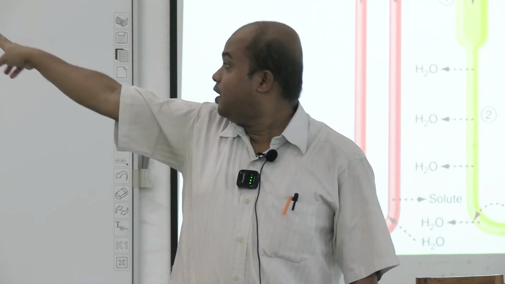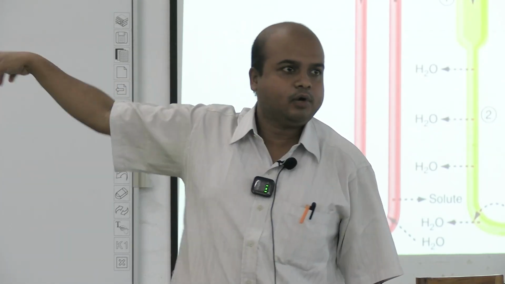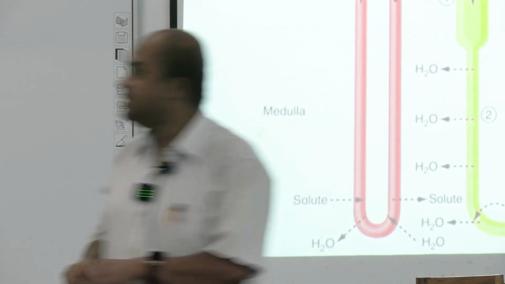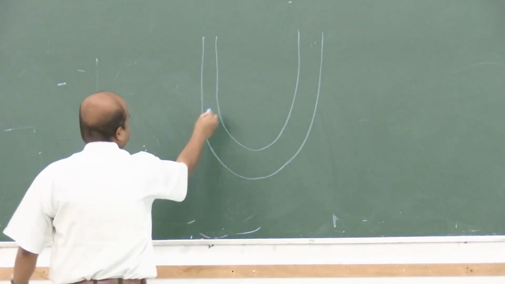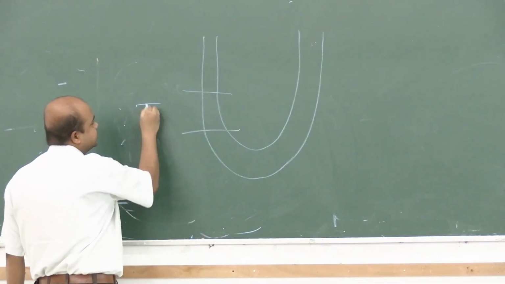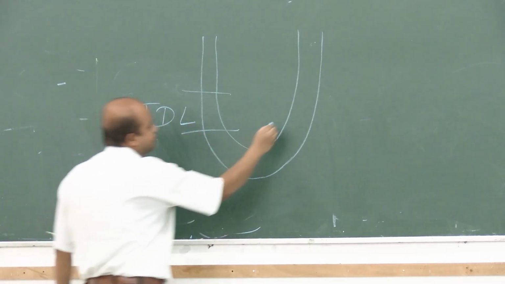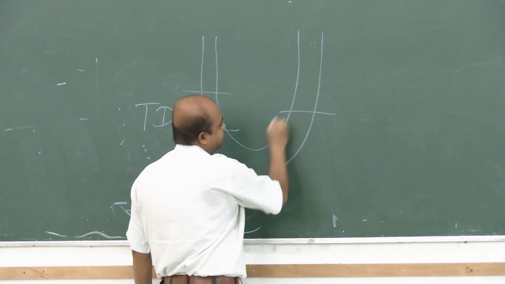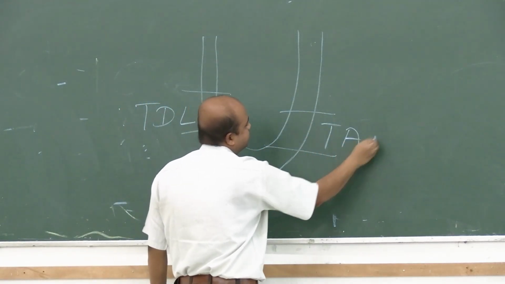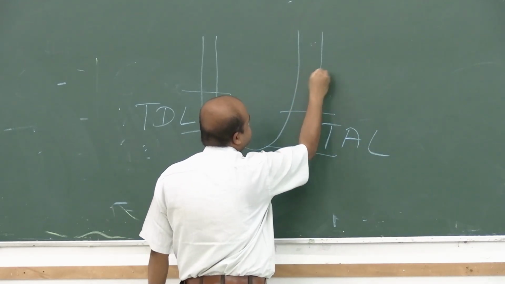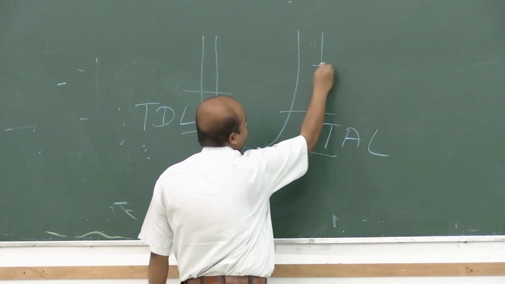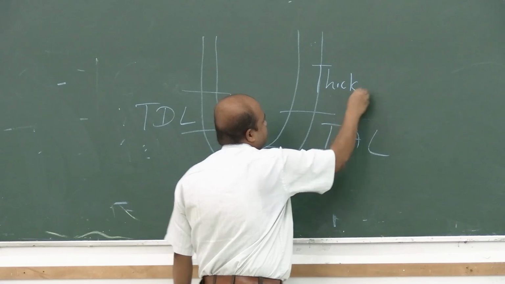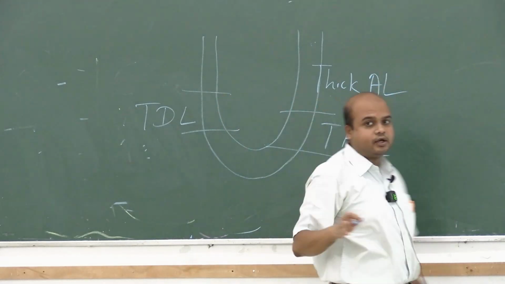After the straight part of the proximal tubule, we should draw this part as thin, the thin descending limb, and this part as thin ascending limb, and then the thicker thick ascending limb. Like this we should draw it.